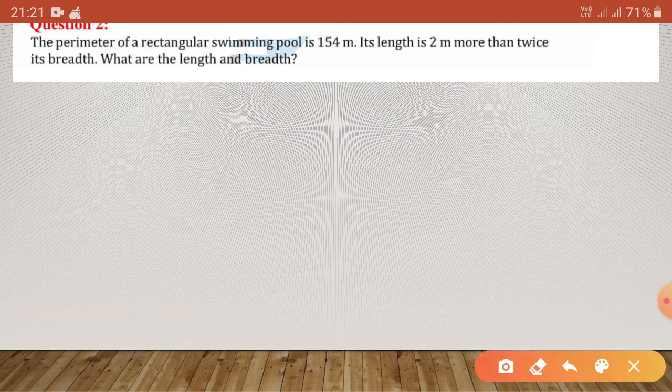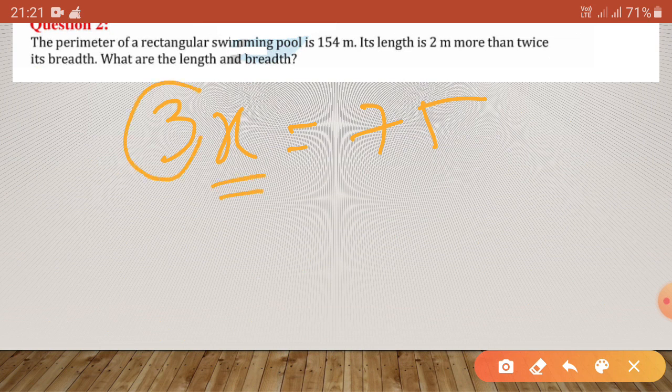Okay, so once we got 3x equal to 75, then we have to find out the value of x. Here 3 is multiplied with x, so we have to omit or cut the value 3, or minimize the value 3. So once we can do that, we have to divide both sides by 3.